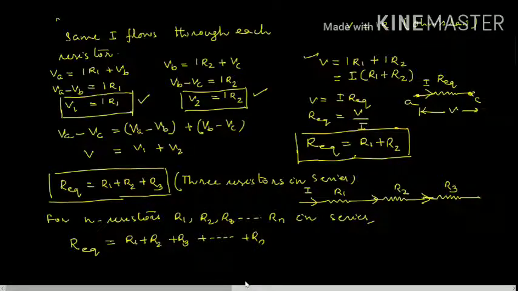This can be written as R equivalent equal to the summation of Rj over j equal to 1 to n. Here we note that when resistors are in series, their equivalent resistance is greater than any of the individual resistances. That is, R equivalent is greater than R1, R equivalent is greater than R2, and so on.